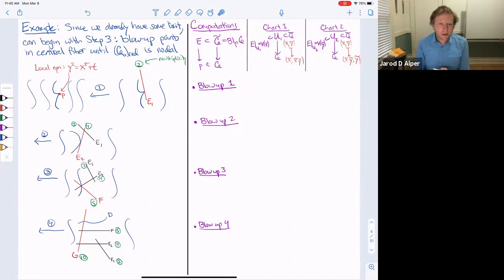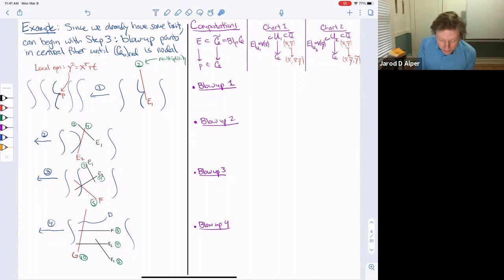These calculations can be quite involved. These kinds of computations are often best done on your own, and they're often very difficult to do at the blackboard. So I've already written down the pictures nicely on the left-hand side, and I'll try to show you how the computations work on the right-hand side.